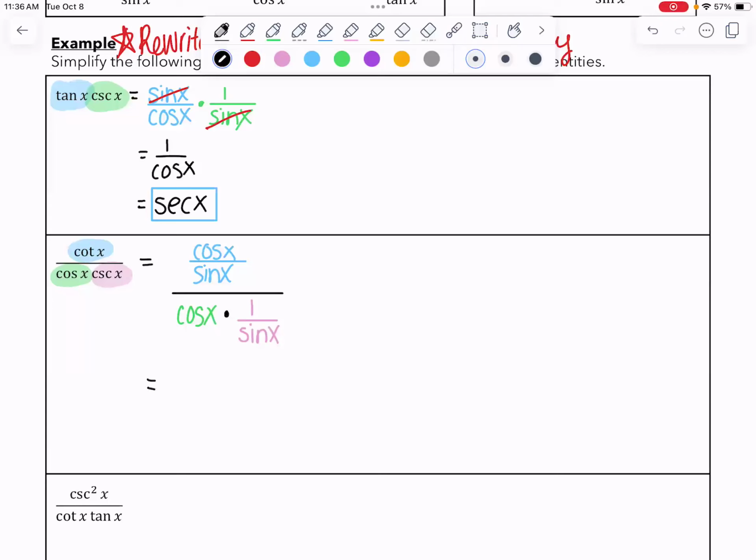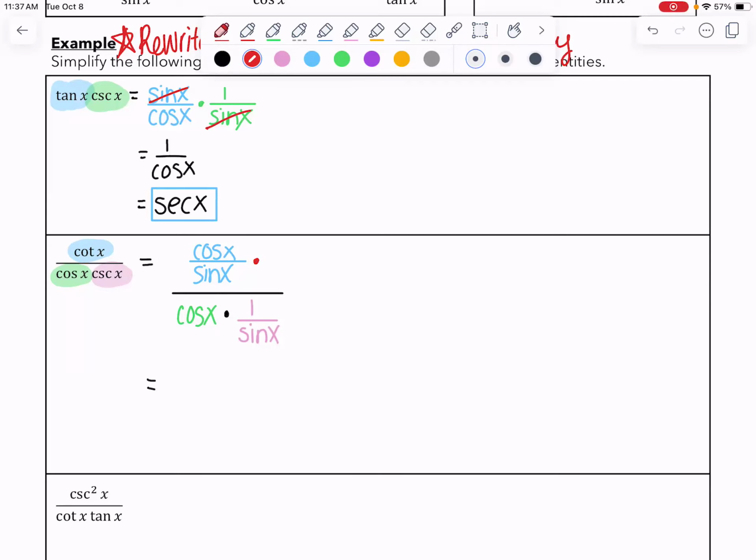From here, there's a few things that could happen. You might get to your answer immediately by being a little bit observant here. On top, I see a cosine over sine. On bottom, in your head, you can see what would happen, right? These two things would multiply, and you would get the fraction cosine over sine in the denominator. So you know that you're going to have cosine over sine divided by cosine over sine. Same thing in the numerator and denominator. This should cancel to 1.